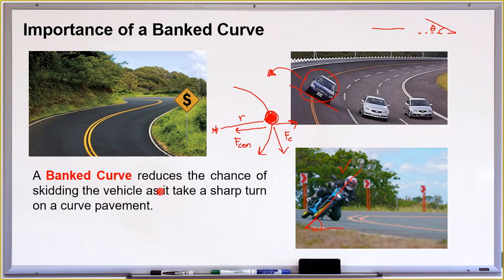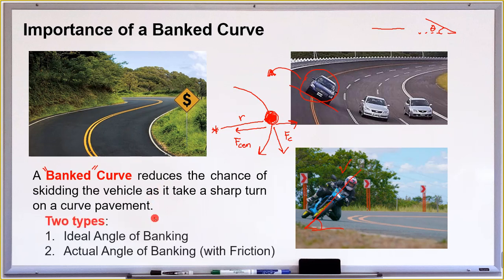On some roads with inclination, the term is that they are banked. The purpose of banking is to reduce the chance of the vehicle skidding as it takes a sharp turn on a curved pavement. In simple terms, it is to avoid accidents, so the vehicle won't slide off the road.